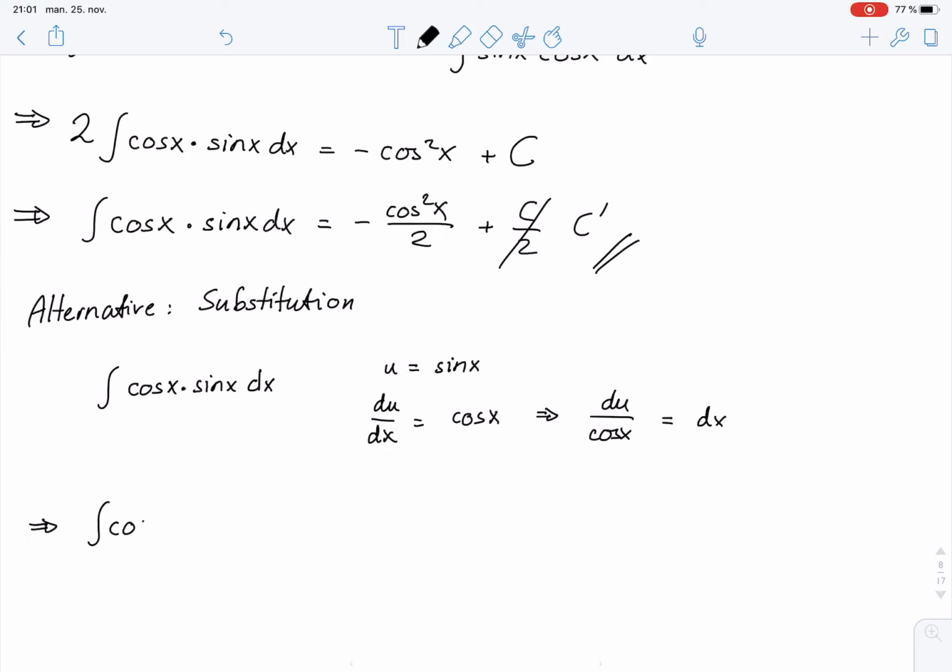So, pretty sure there's something with the signs here. Anyway, cosine x times our u, and our dx will be du over cosine x. So these will cancel, and we'll have u du, which is half a u squared plus a c.